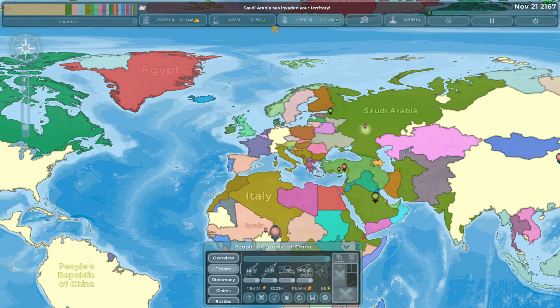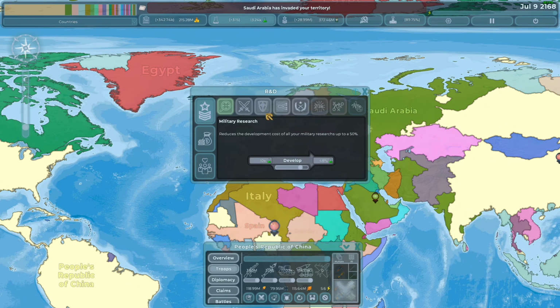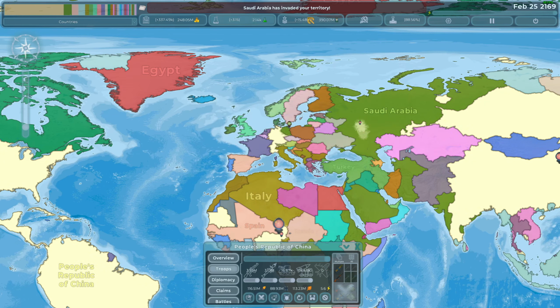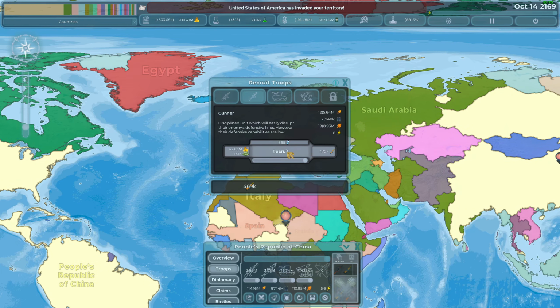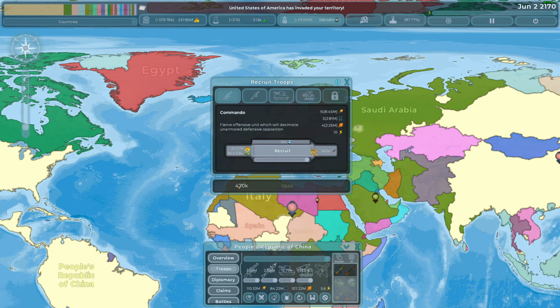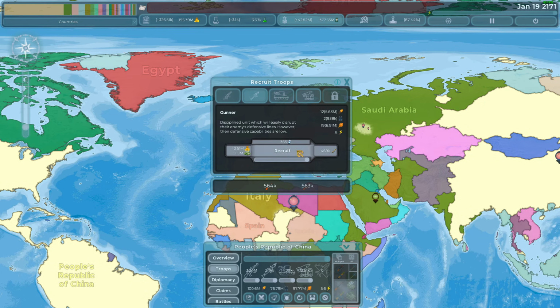Always keep producing. I'm going too fast, so this always keep producing thing isn't really working in my case. But yeah, always keep producing troops. If you go a little slower, you'll do a lot better with always producing troops.